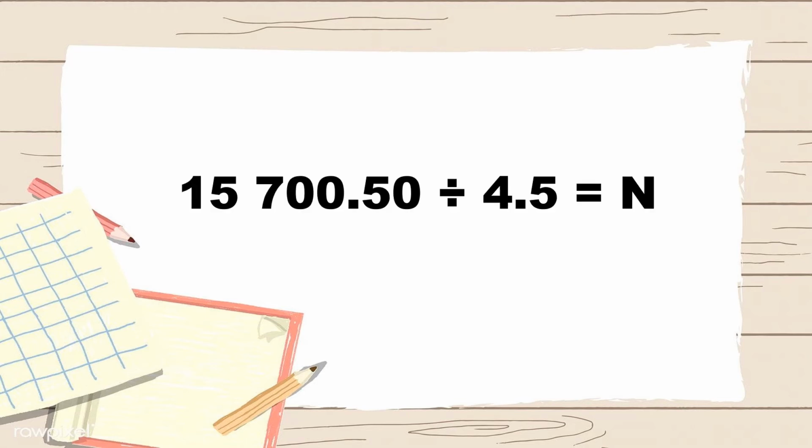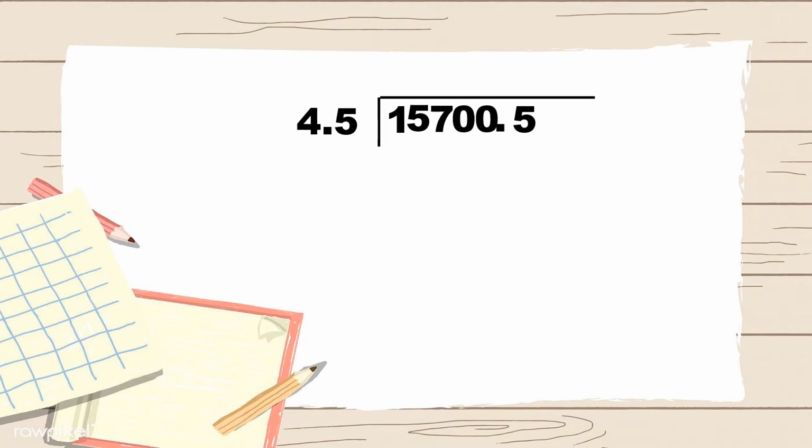In this problem, to get how many households were given, we are going to divide 15,700 and 50 hundredths divided by 4 5/10 equals n. To divide, first, move the decimal point to make the divisor a whole number, 1.